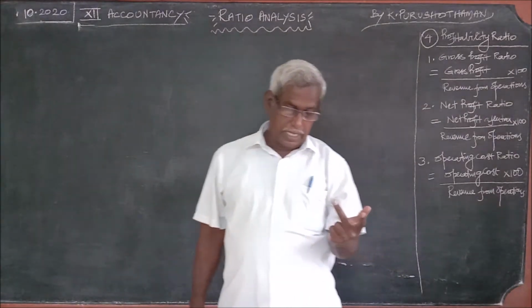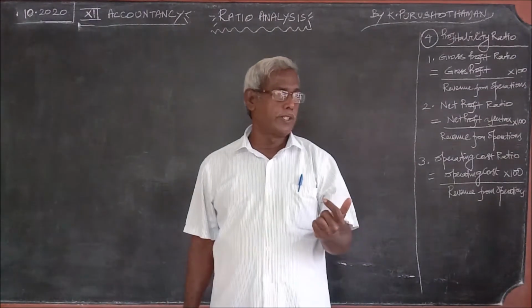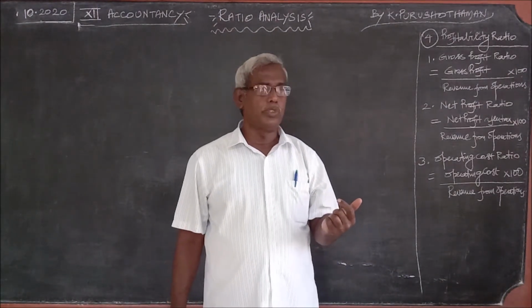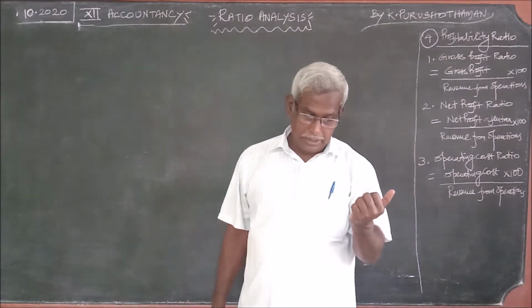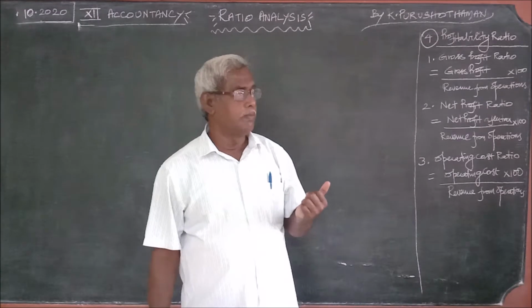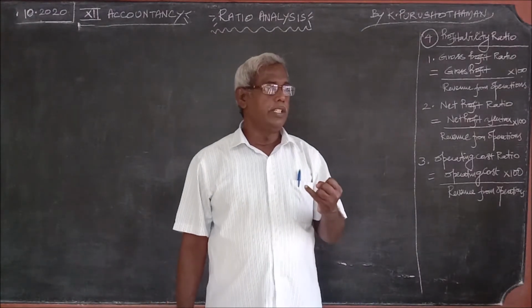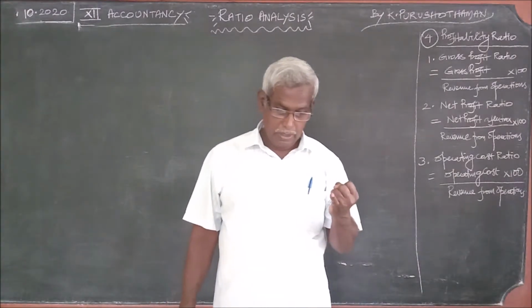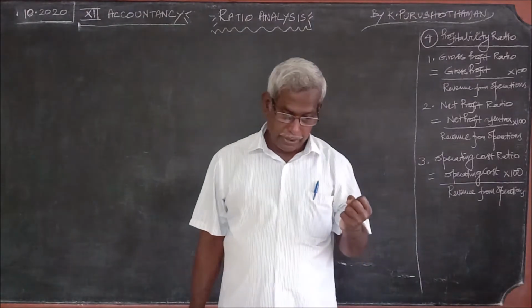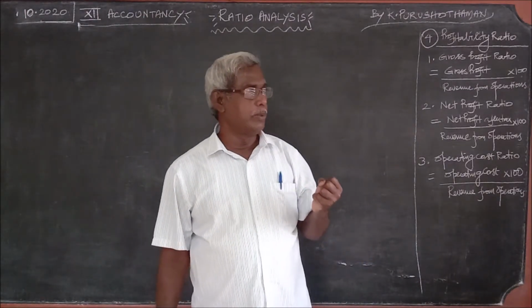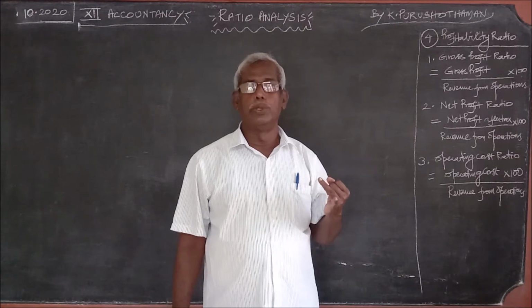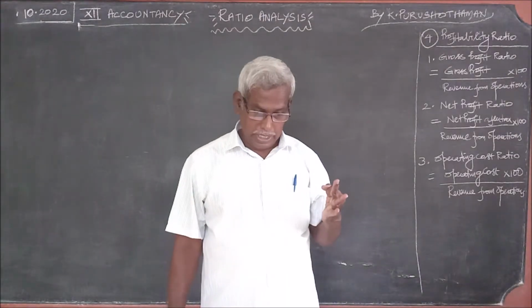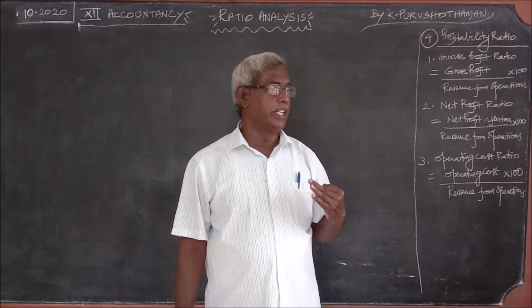And the second type is long-term solvency ratios. Under long-term solvency ratio, we have seen three types. One is the debt-equity ratio, the other is the proprietary ratio, and the third is the capital gearing ratio.